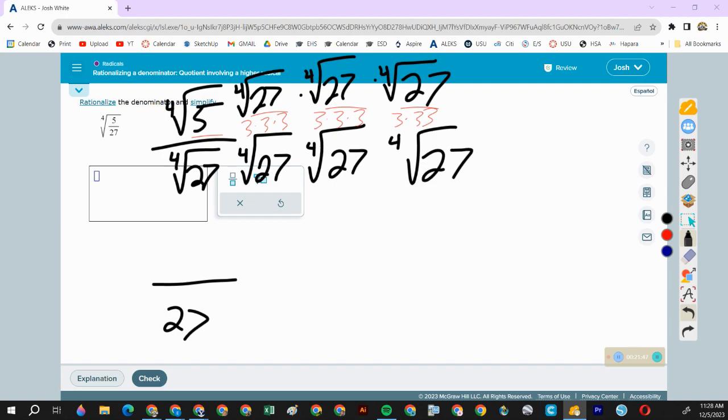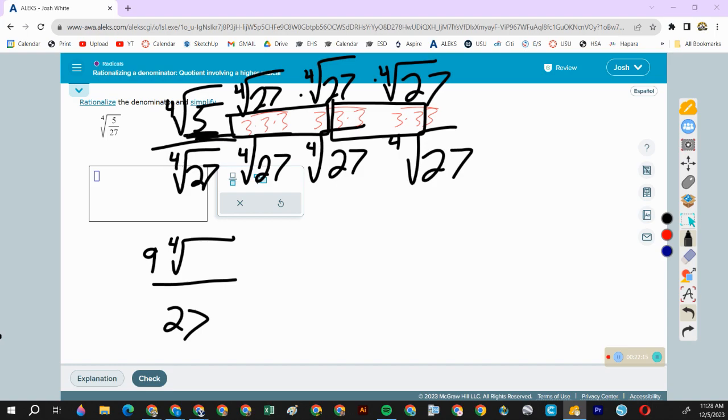What do I need in order to bring something out? 4 3s. So here are 4, and here are 4. What comes out? 2 copies of 3, which makes, not 6, 9. We're multiplying. So 9 times the fourth root of, what's left?